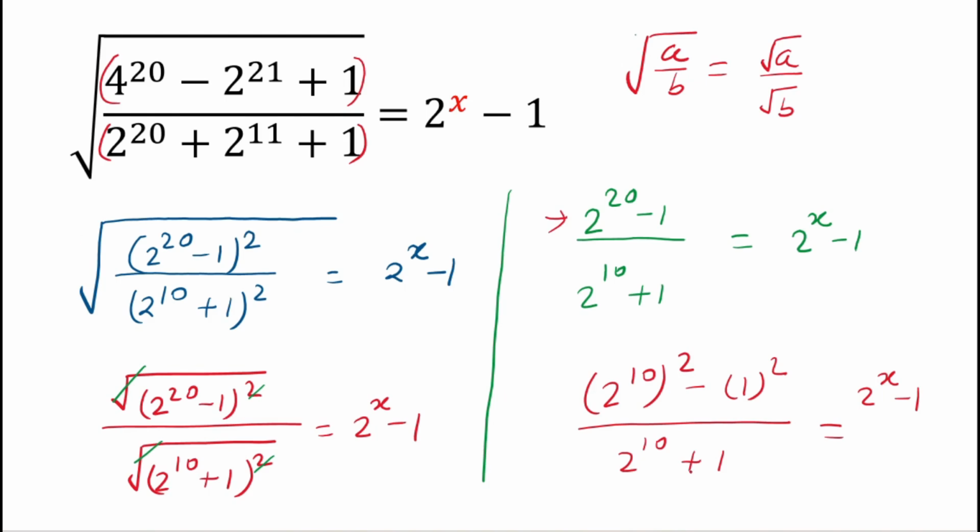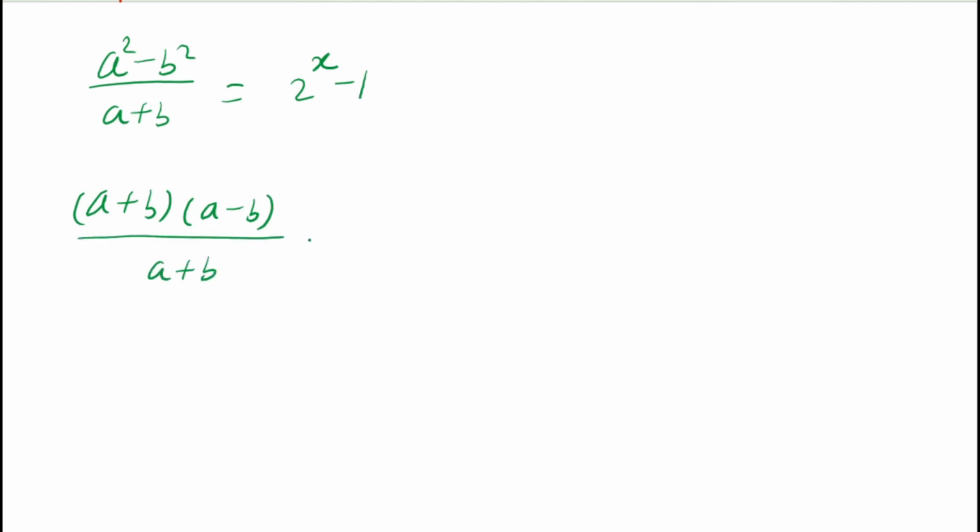If we substitute 2^10 equals a and 1 equals b, then on the left hand side we have (a squared - b squared) divided by (a + b), equal to 2^x - 1. In the numerator we have the difference of two squares, that is (a + b)(a - b), divided by (a + b).